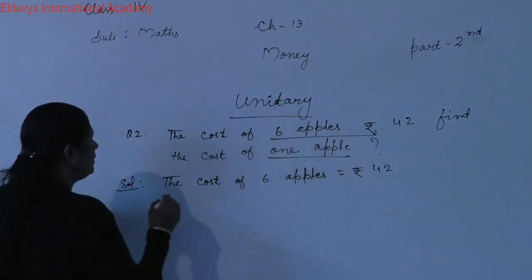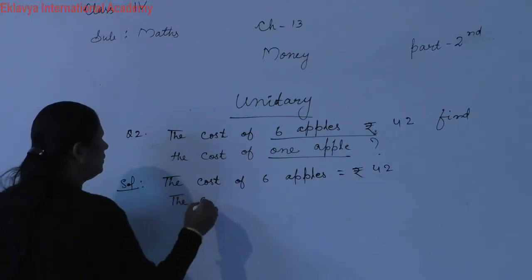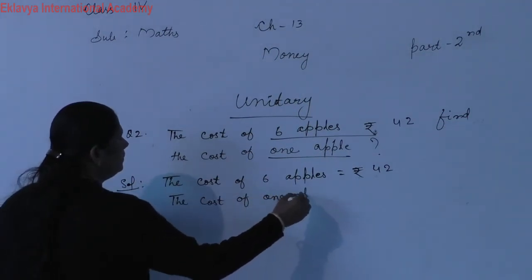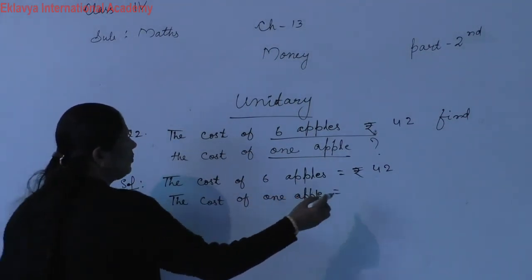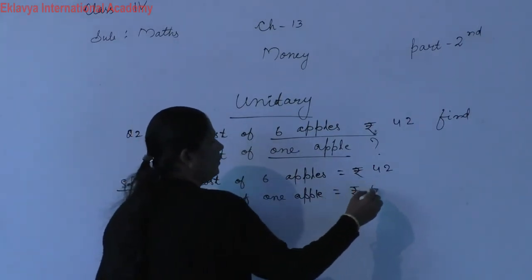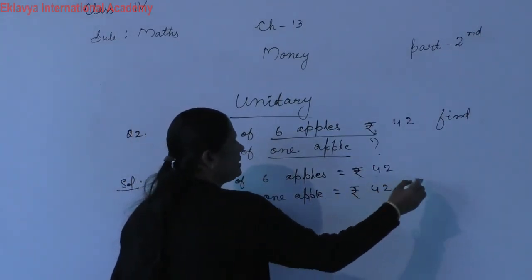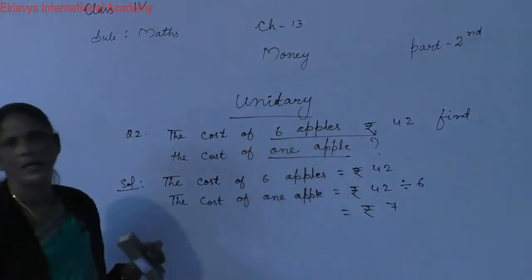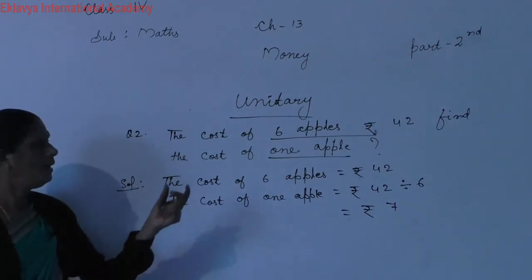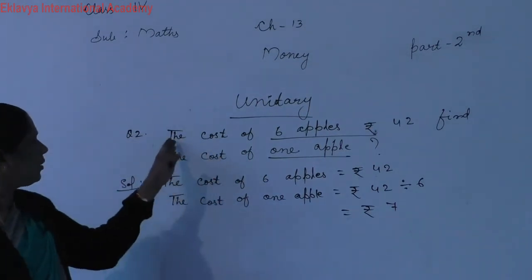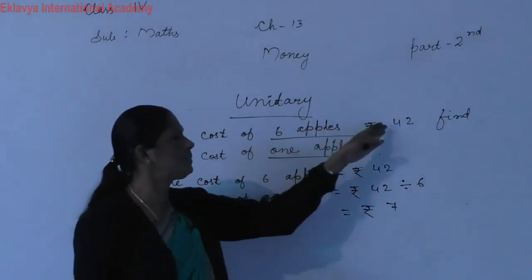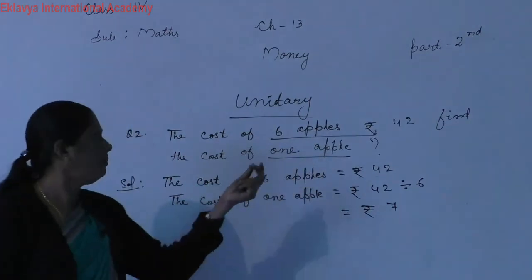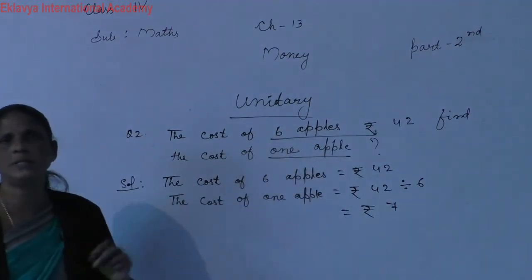Second line: the cost of 1 apple is rupees 42 divided by 6, which is rupees 7. Understand? Many is given, 1 is to be found. This is division.